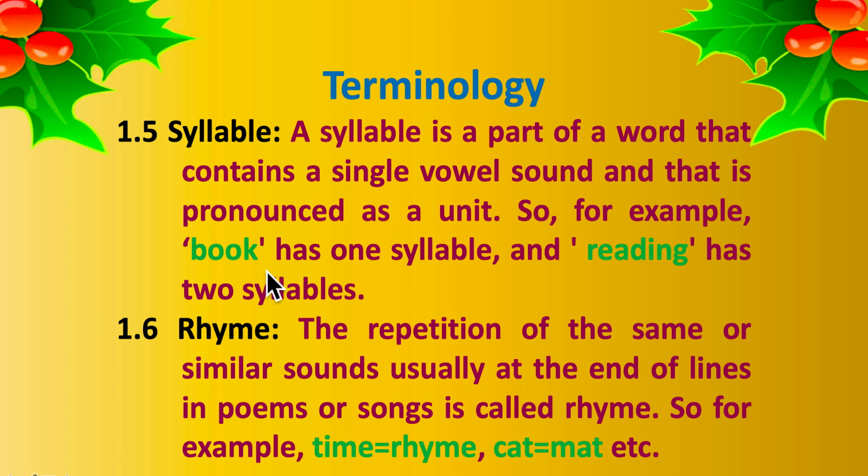Book has one syllable because it has one single vowel, and reading has two vowels, which means it has two syllables. Syllable has a long discussion, so here we don't want to go into those details. Here we just want to give you an understanding of the following terms so that you understand the interpretation of text at the level of phonology.